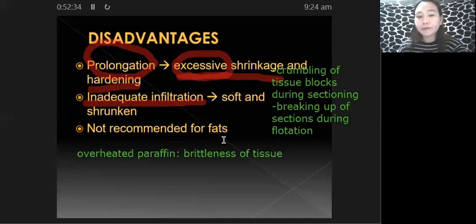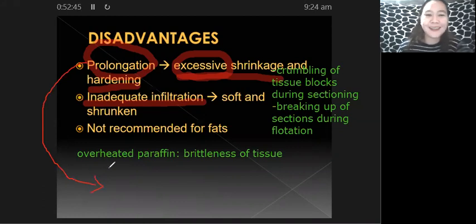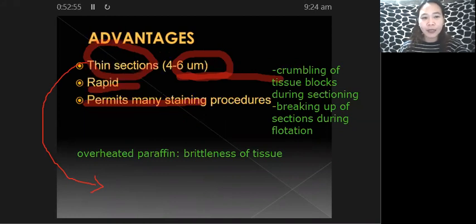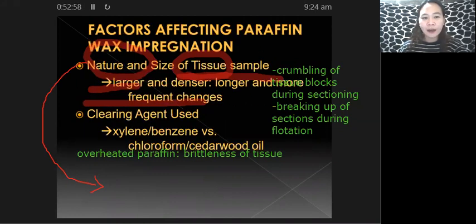Before we move on, I would just like to add some more predicament when it comes to prolonged immersion. Remember, when we discussed, where was that? Let's go back. Okay, here.